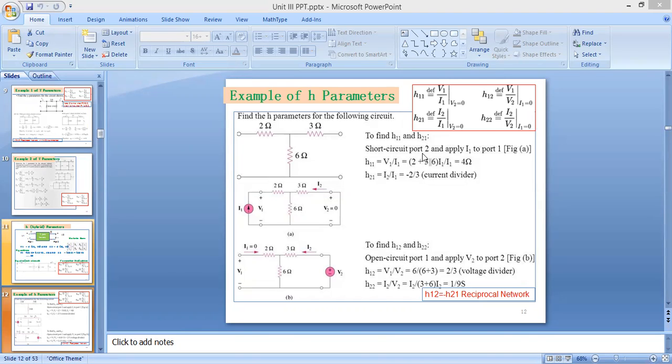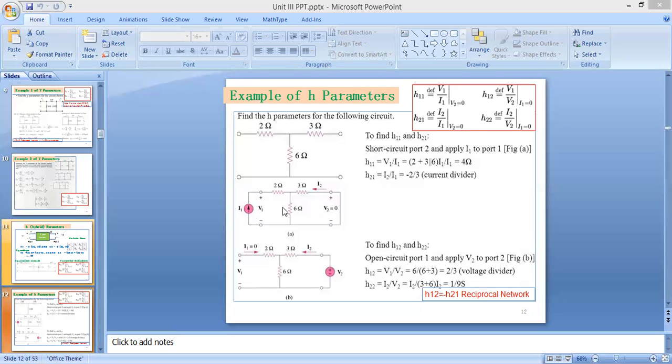If you are making port 2 short circuit and applying current here, you can see this diagram. When we are considering voltage here, at that time some amount of current will flow. So when we are supposed to calculate H11, we have the formula V1 upon I1, but when V2 is 0.